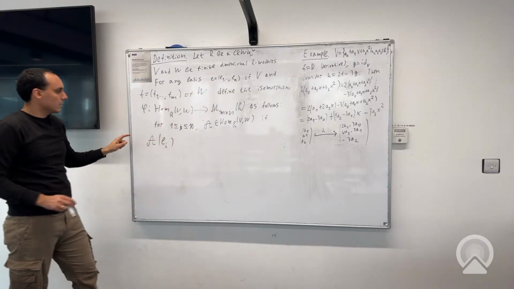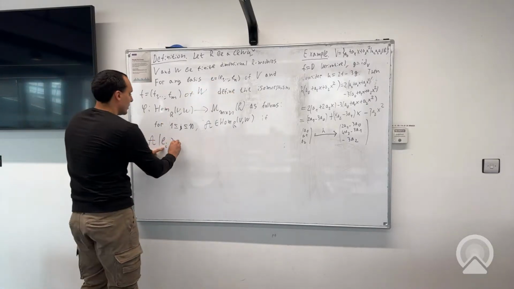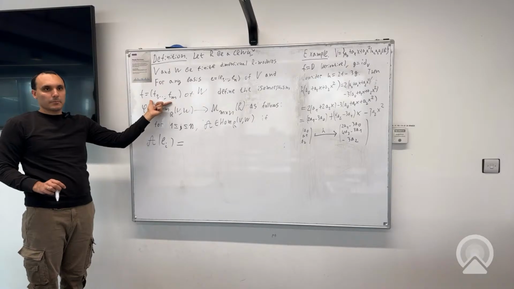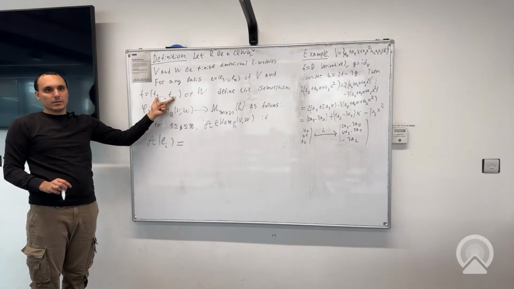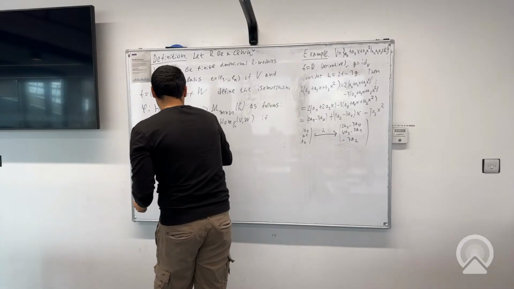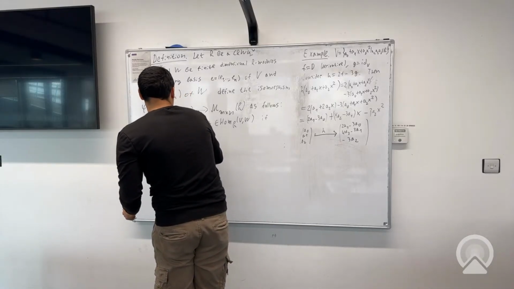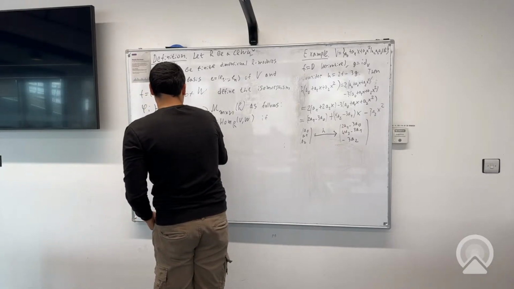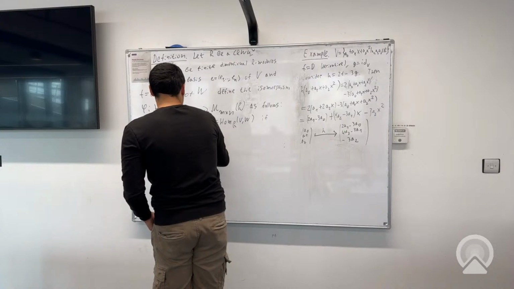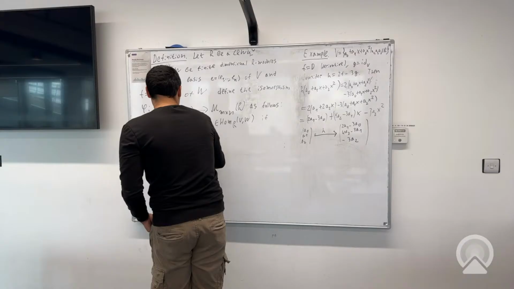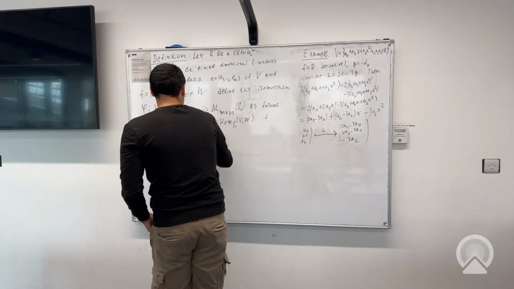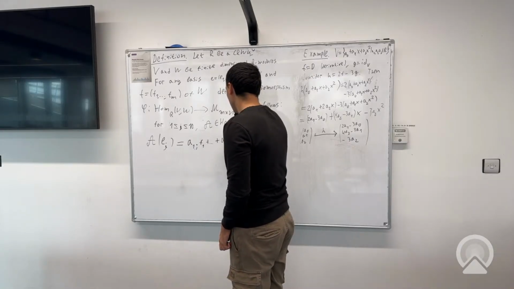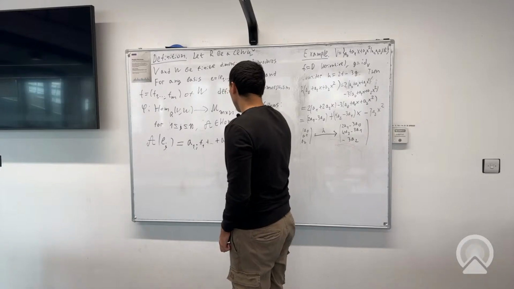The basis is E1 to En. And we apply A to Ei and get an element of W. But this is a linear combination of these basis vectors: A of Ei equals a1i F1 plus and so on, plus ami Fm.